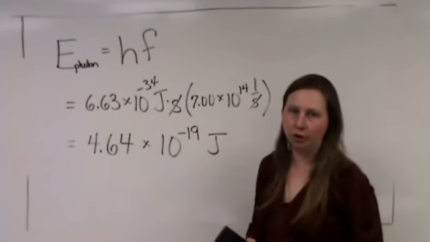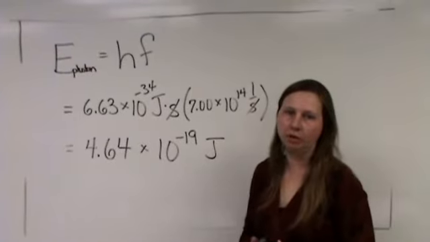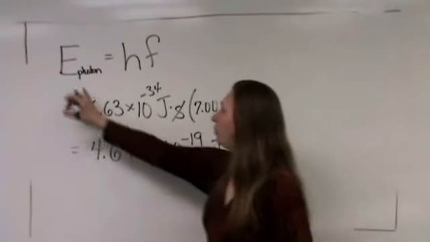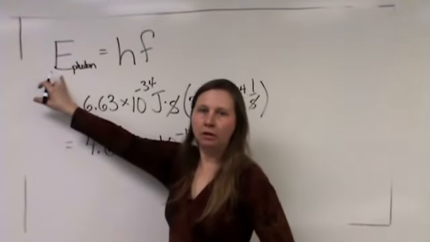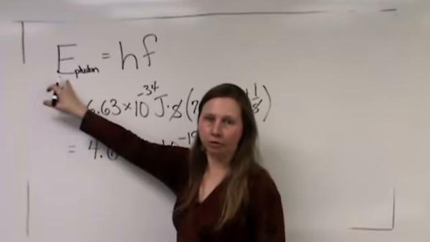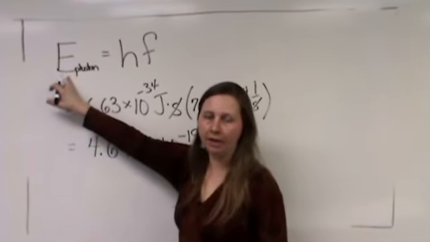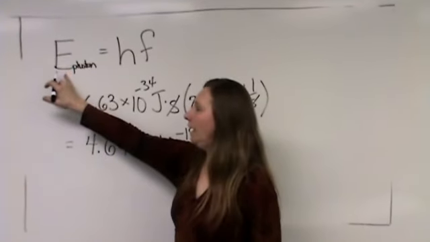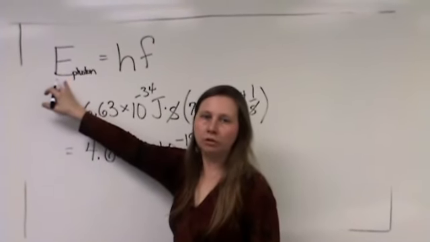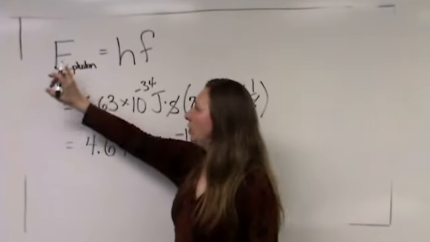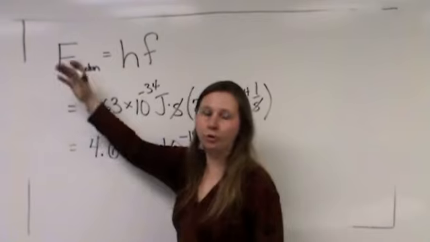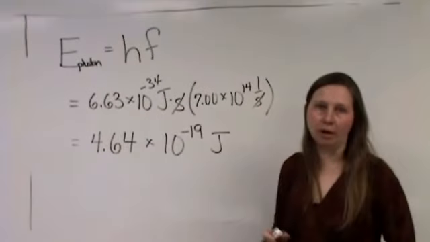There are other versions, but we will not be using them in Regents Physics. So you put joules in, or you get joules out. You're not going to get any other kind of energy, like electron volts. You can only put joules here, or you can get joules from this equation.